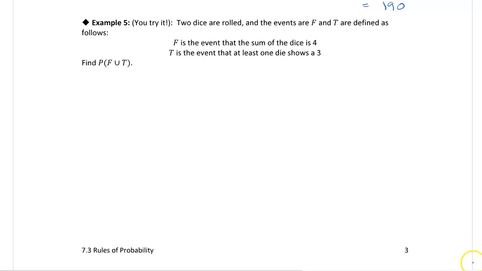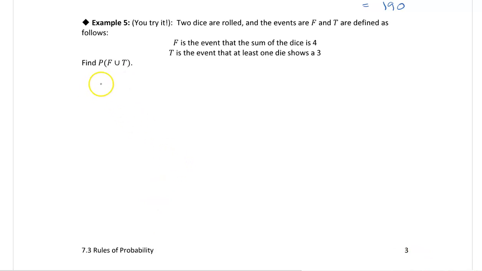In this problem we've got two dice that are rolled, and we have two events defined. So F is the event that the sum of the dice is 4, and T is the event that at least one die shows a 3. So we're looking for the sum of the dice is 4.